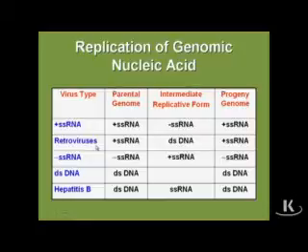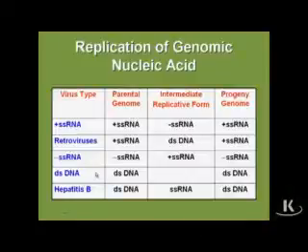What's unique and different about the retroviruses is that the intermediate that it uses is actually double-stranded DNA. So retroviruses take a positive strand, single strand of RNA, convert it to double-stranded DNA, and then use that double-stranded DNA to make parent genome.